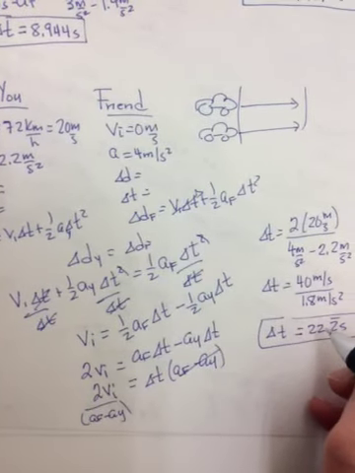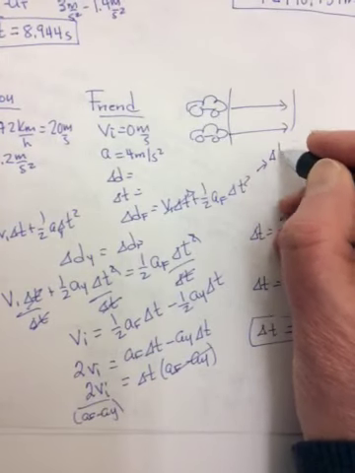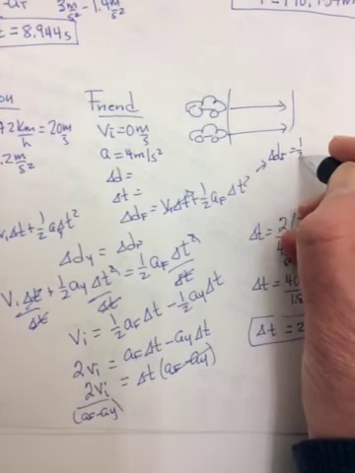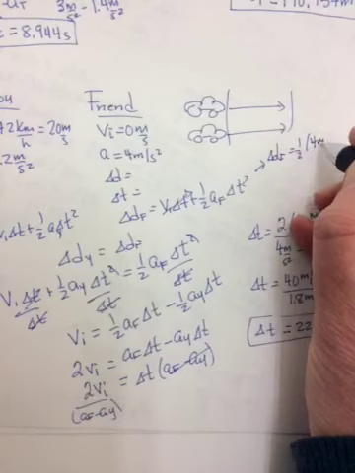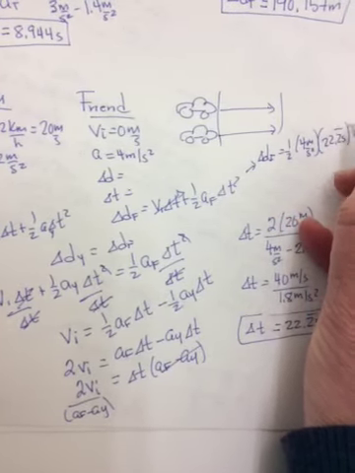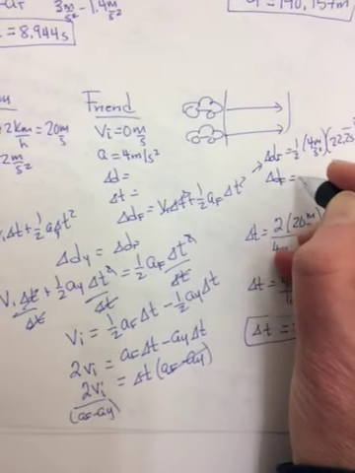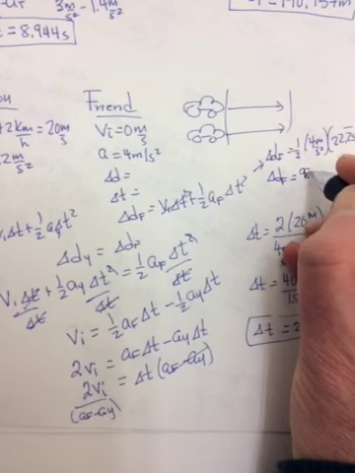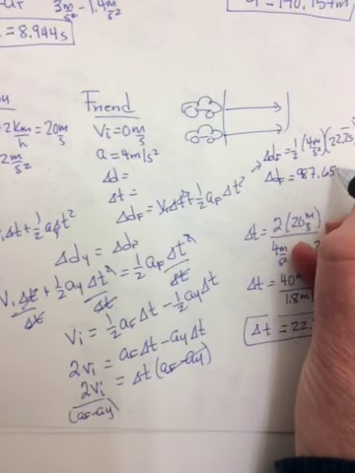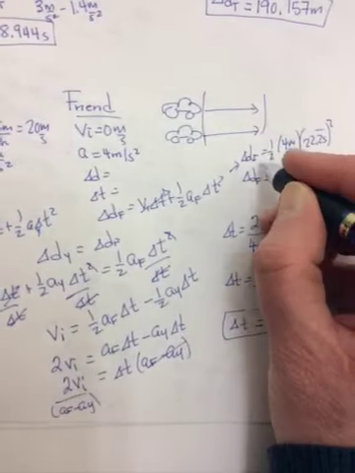Now once you have that, the question says how long, and then it says how far have you both traveled. So now I'm going to run out of time, but you go up here and you fill it in. Delta D of the friend is equal to 1/2 times 4 meters per second squared times 22.2 repeating seconds squared. And you should get a delta D for your friend of 987.654321. You don't really need to keep all of them, but I kind of like that answer.